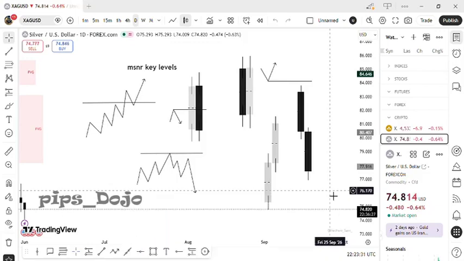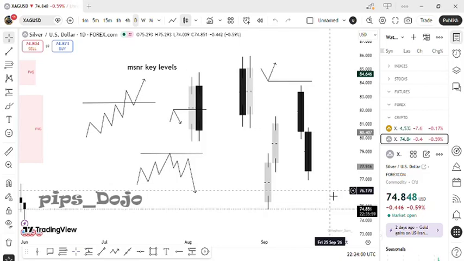Okay, let's go through something very interesting, which is simply the MSnR key levels. What is MSnR? It is simply malicious support and resistance. It is not the conventional type of support and resistance that we might have been used to, areas of psychological rejection and continuation, areas where price is congested.